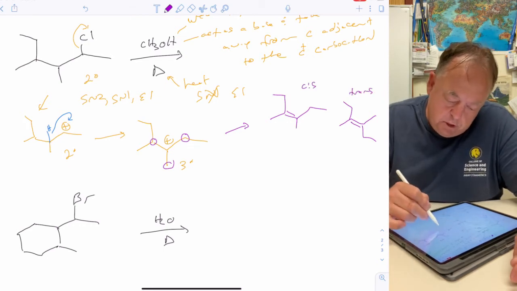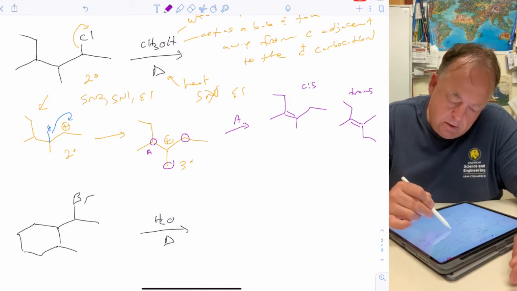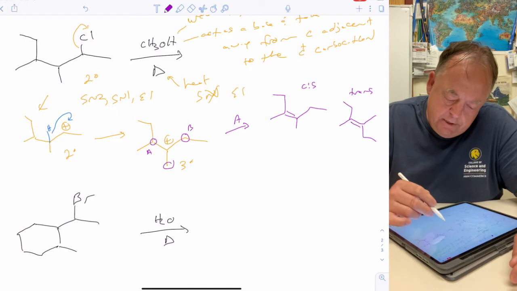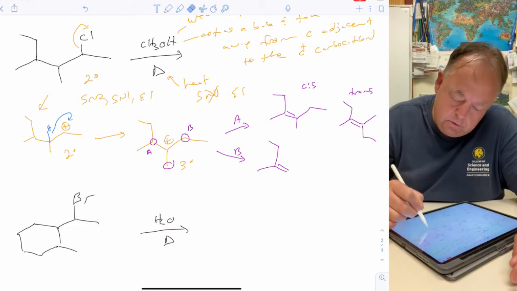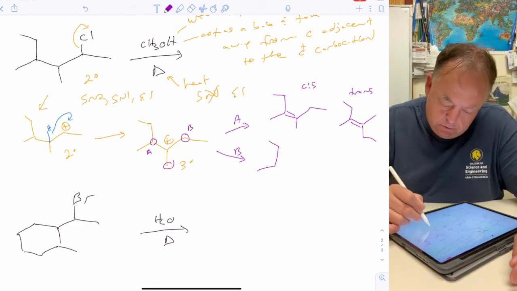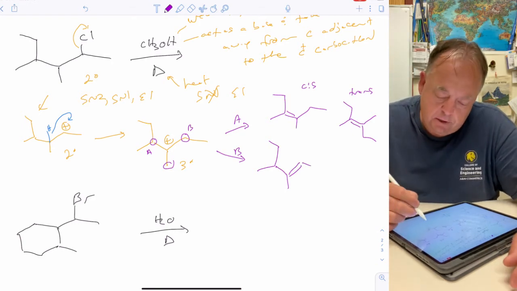Or you could put the double bond, so let's call this taking the hydrogen from A, or taking the hydrogen from B, whoops. You could put the double bond there, and if you put the double bond there, there's cis and trans possibilities. The one that is drawn is trans.